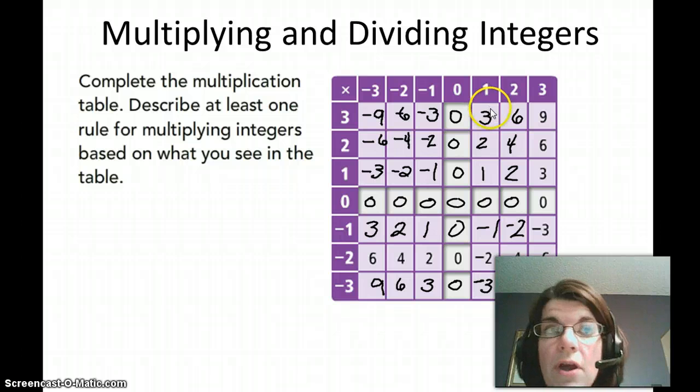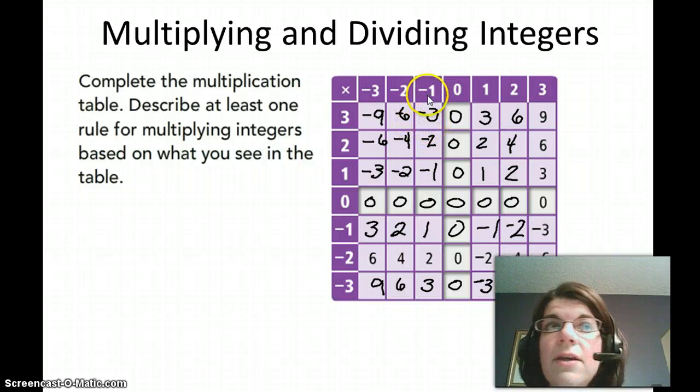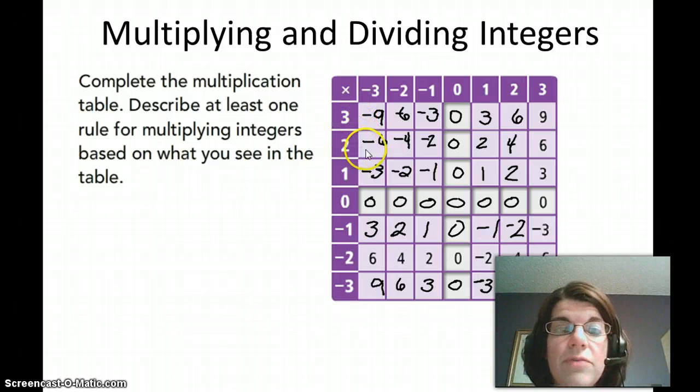And if we go with what we know, 1 times 3 is 3, 2 times 3 is 6, and 3 times 3 is 9. And then if we go to the other side, -1 times 3 would have to be -3. It looks like a number line, 9, 6, 3, 0. You start to see a pattern. -3, -6, -9 going across the first row.